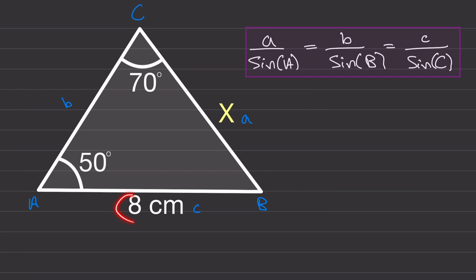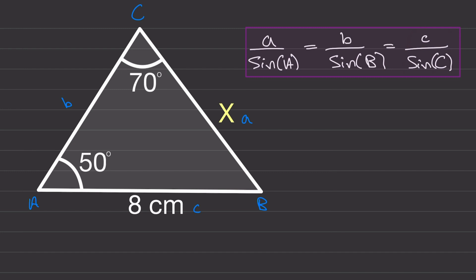We've got uppercase A, which would be sine A here, and we don't have lowercase a, which is here. We don't have lowercase b or uppercase B. So that means we'll just be using this and this to figure out what a is.